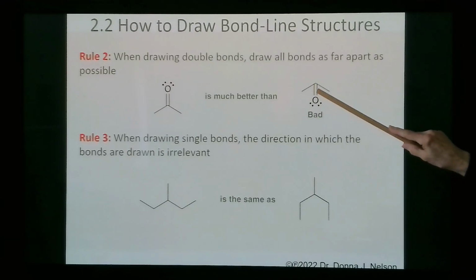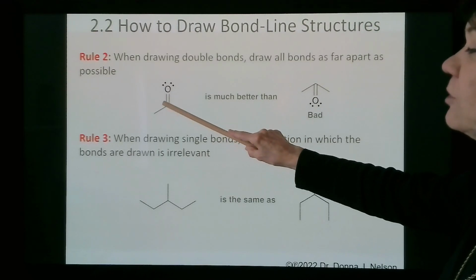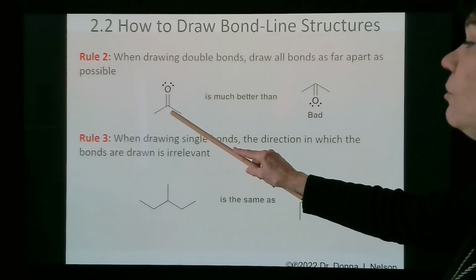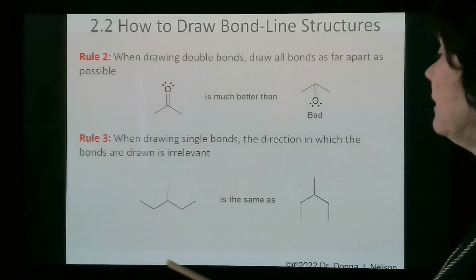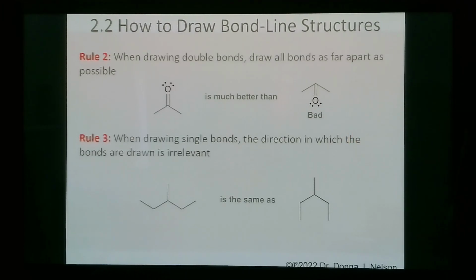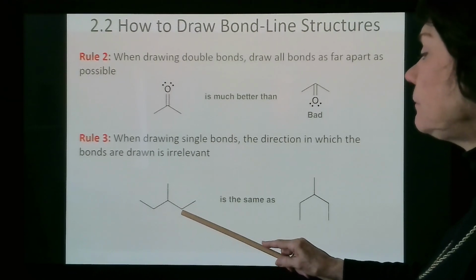This is about a 60-degree angle, and actually this is much closer to that found in the actual molecule. So this is a good depiction. This is a poor structural depiction.